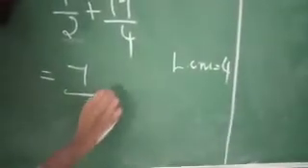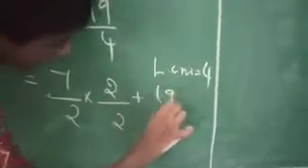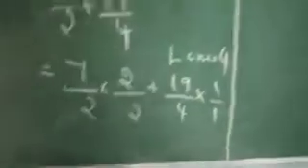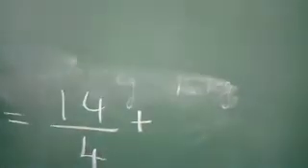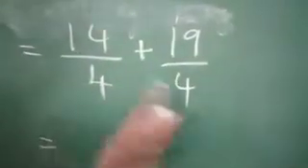So 7/2 into 2/2 plus 19/4 into 1/1. See here, 7 2s are 14, and 2 2s are 4, plus 19 1s are 19, and 4 1s are 4. Now we have equalized the denominator.